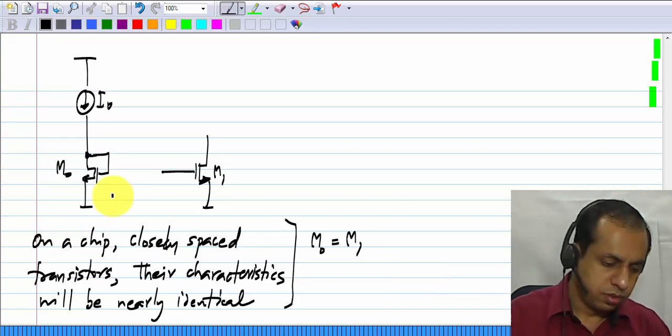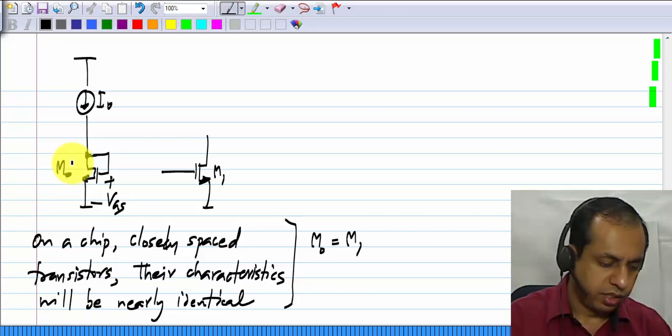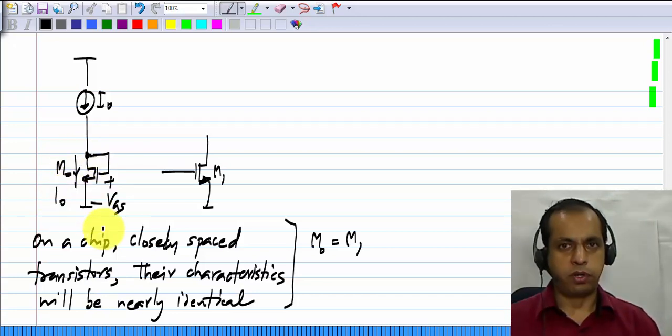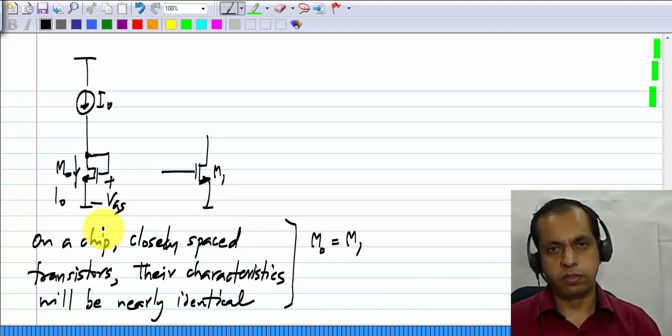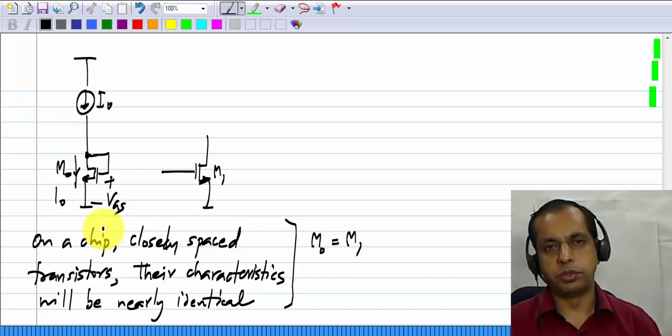So now the VGS of M0 is such that a current I0 flows in M0. For now, let's ignore the dependence of the drain current on the drain source voltage. Okay, the saturation drain current depends only on the gate source voltage. That's our assumption for now.